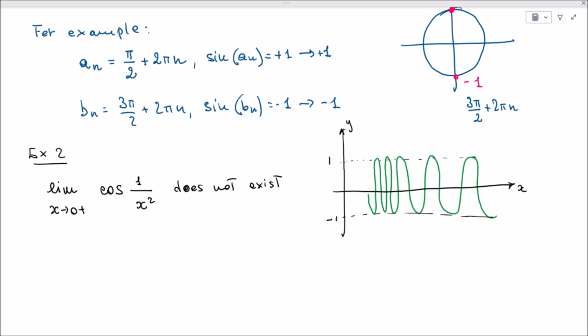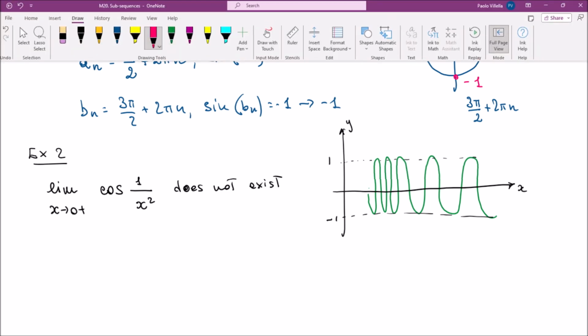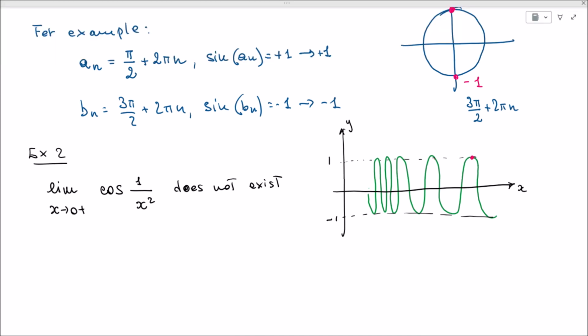Now, we would like to prove that cosine of 1 over x squared has no limit as x goes to 0 plus. So we should find two sequences that have different limits. One possibility would be, for example, to find a sequence that always picks these elements of the function.